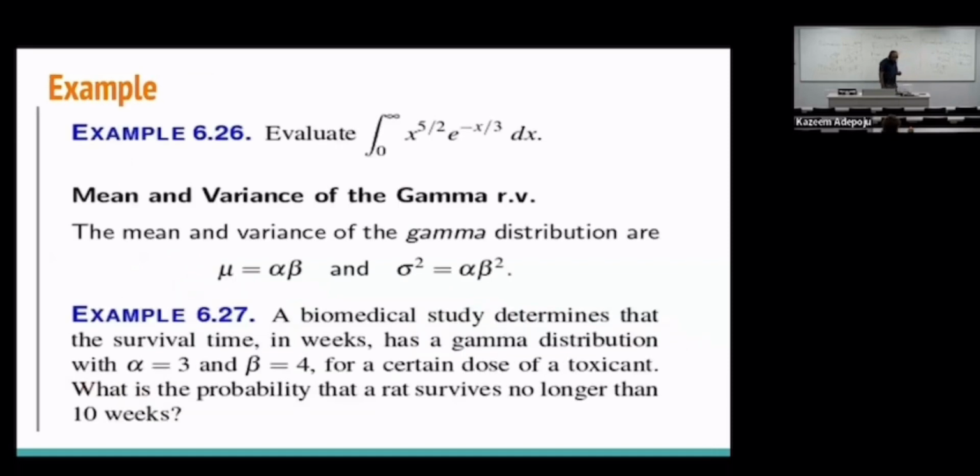Now, of course, using the idea of the gamma function, you can evaluate example 6.26. Whether in exponential or gamma distribution, you can make use of a gamma function. Does that make sense? Now, let me tell you this. If I have a gamma distribution, the mean is alpha beta.